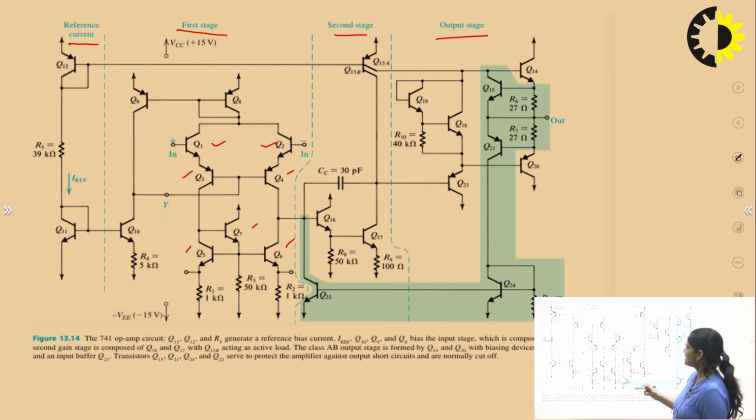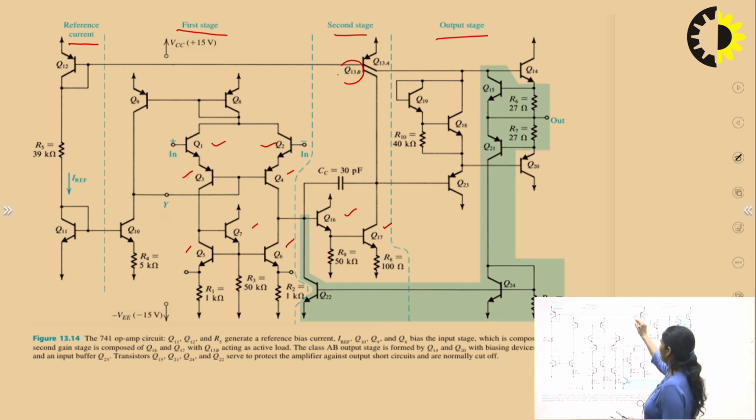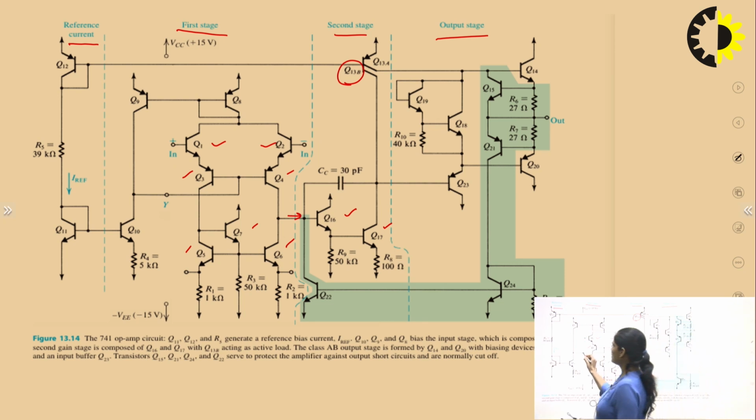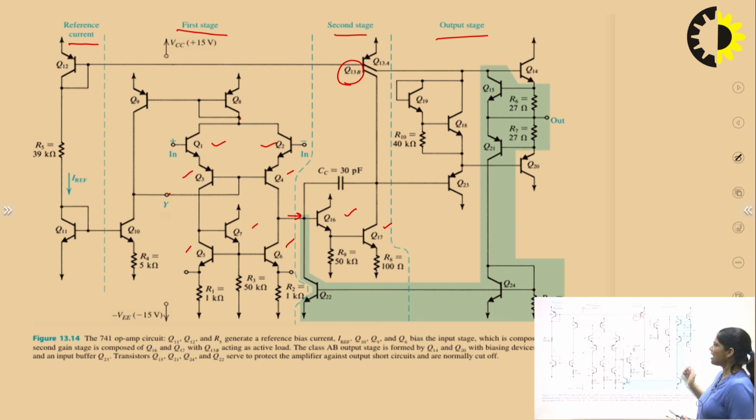Now in the second stage, Q16 and Q17, these two transistors are present in second stage, and biasing current is provided to this second stage from Q13B, and this output of the first stage, and this first stage biasing current is provided to this first stage from this point X and this point, and the next one is output stage.